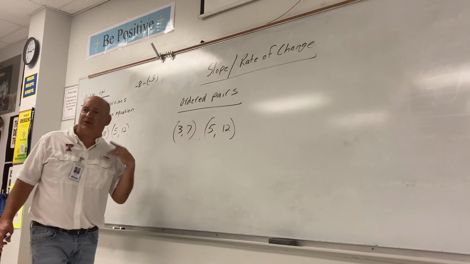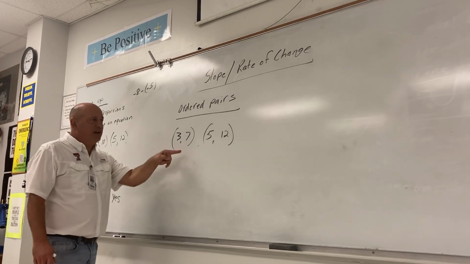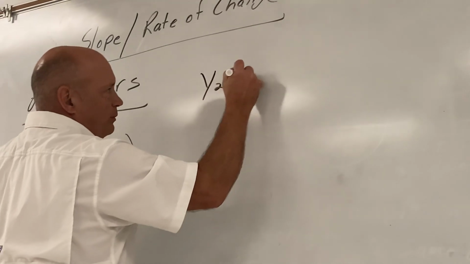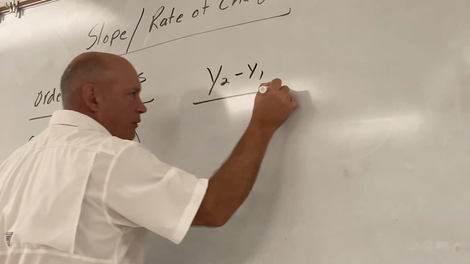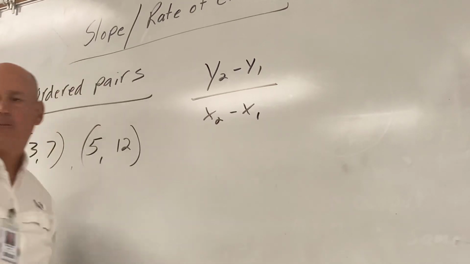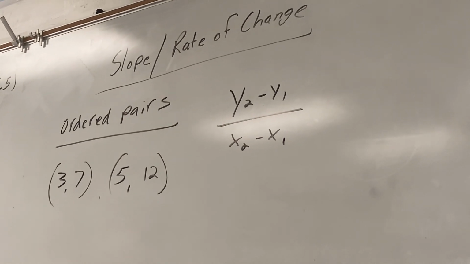Slope and rate of change are the same exact thing. We've got a formula for ordered pairs. Here it is: y2 minus y1 over x2 minus x1. Write that formula down. That's the formula we're going to use anytime they give us a set of ordered pairs.